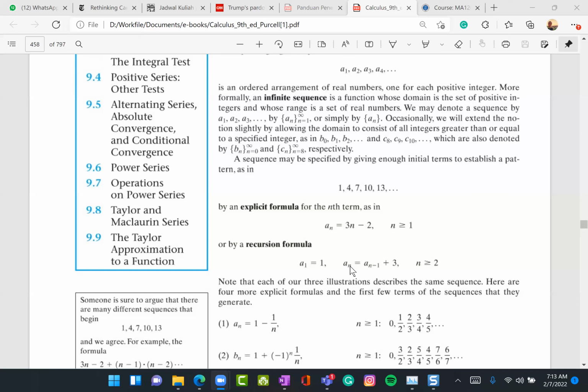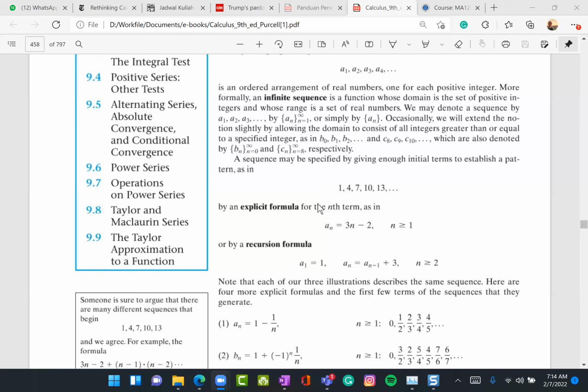So A2, n equals 2, that means A1 plus 3, that means 4. A3 is A2, which is 4, plus 3, so that makes 7. Okay, so again, the sequence here can be described using an explicit formula, or what we call a recursion formula.